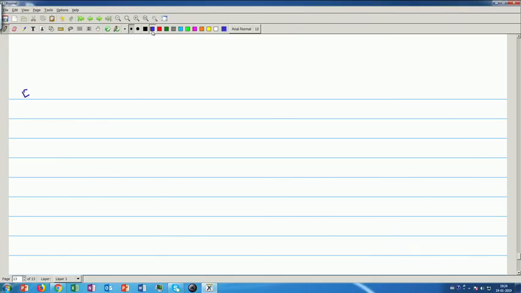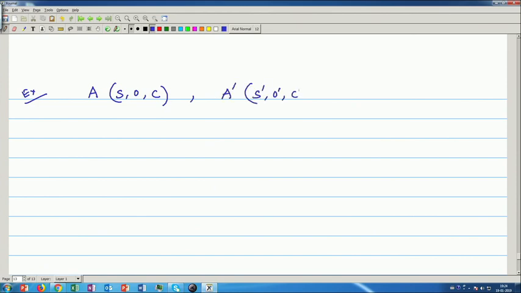We can write it in a different way. Take one example: (S, O, C) and (S dash, O dash, C dash) are two algebraic systems.